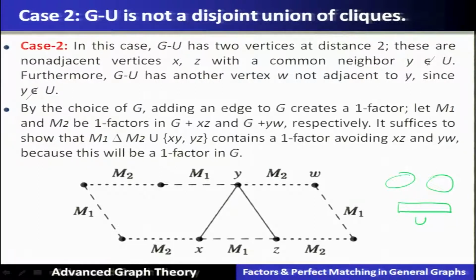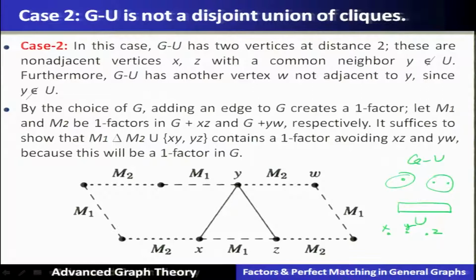So, this is u, and this becomes G minus u, these are the components. These are non-adjacent vertices x and z, with a common neighbor y, and y is not in u.